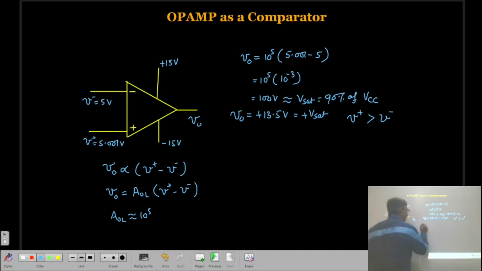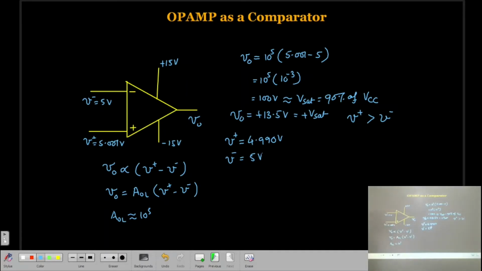Now, if my V plus voltage is, let us say, 4.990 volt, and the V minus voltage is 5 volt, means the V plus is less than, or you can say the non-inverting input voltage is less than the inverting input voltage.